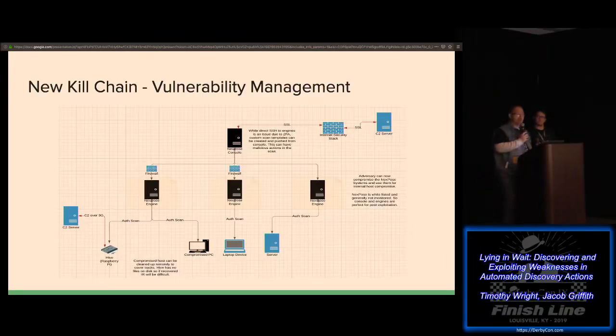So the new kill chain would be: after we've compromised a PC and have the drone running on a machine, we get the creds. If those SSH creds work on the vulnerability management tools themselves, then we can literally turn around and log into those platforms and start using them as our area to work. Now with NexPose, and I don't know if this is true in Nessus, on the scans you can actually have them do custom actions.